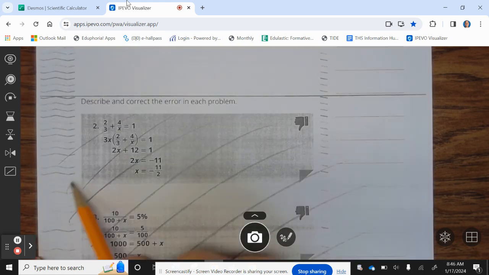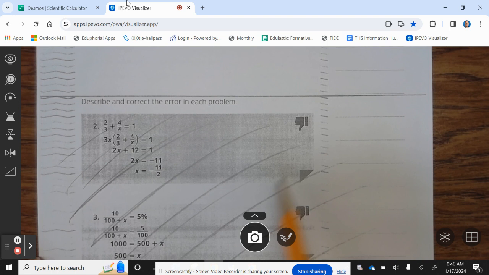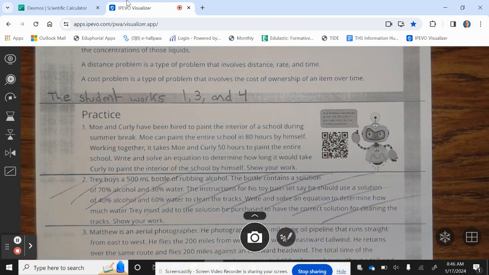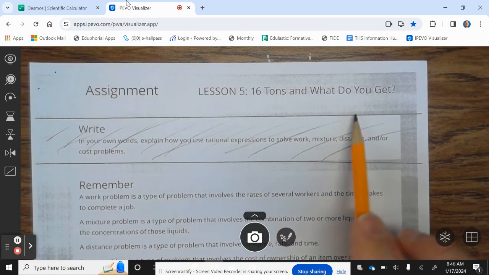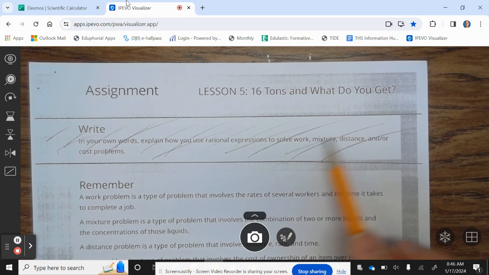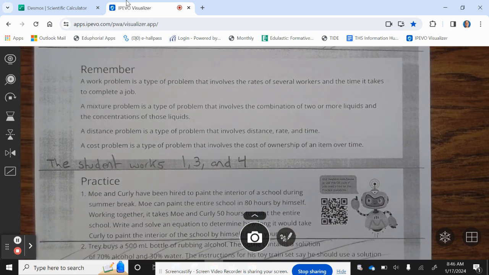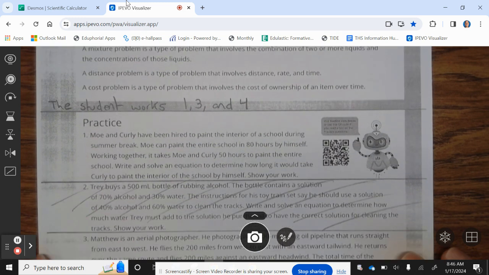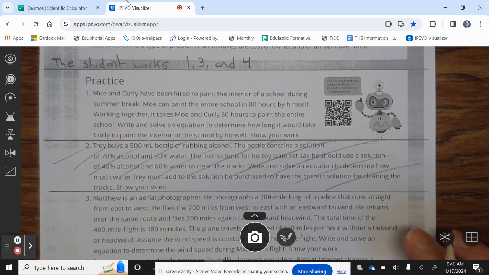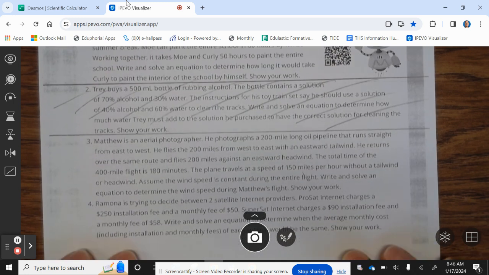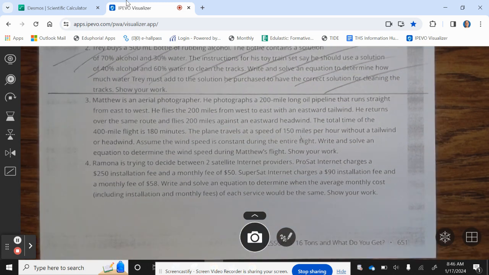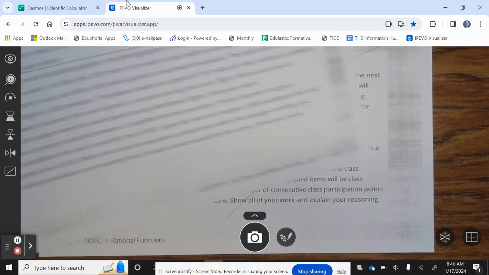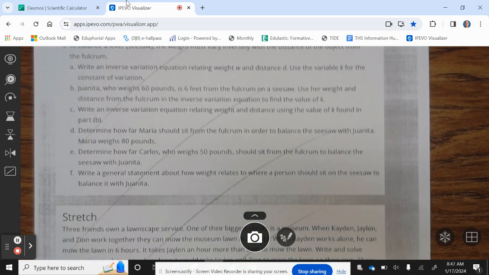And you can mark this out. You can mark this out. The student works 1, 3, and 4. All right. Last page. Go ahead and mark this page out.